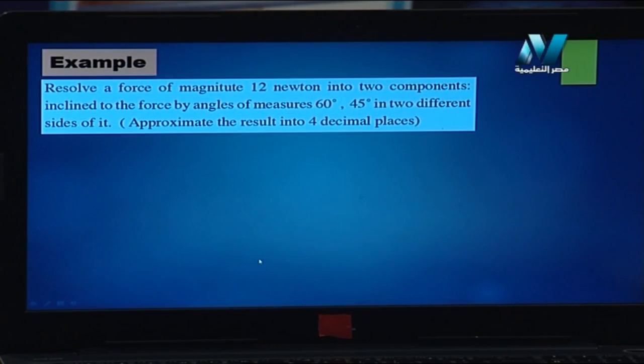Resolve a force of magnitude 12 Newton into two components inclined to the force by angles of measure 60 degrees and 45 degrees on different sides of it. Approximate the result to 4 decimal places.